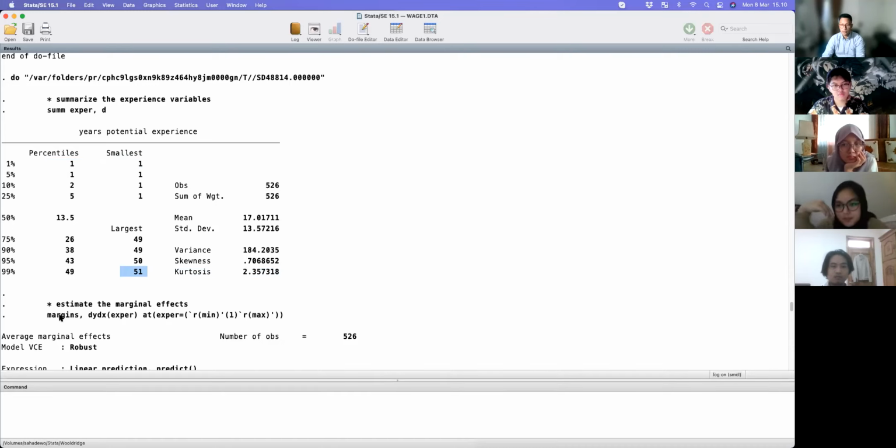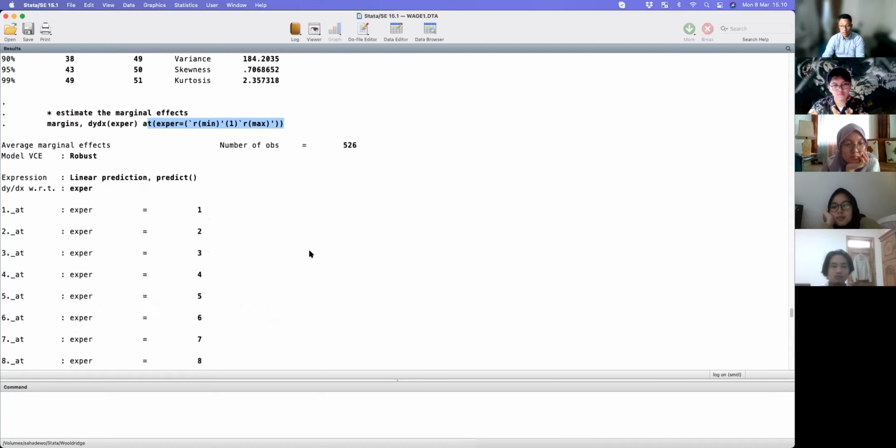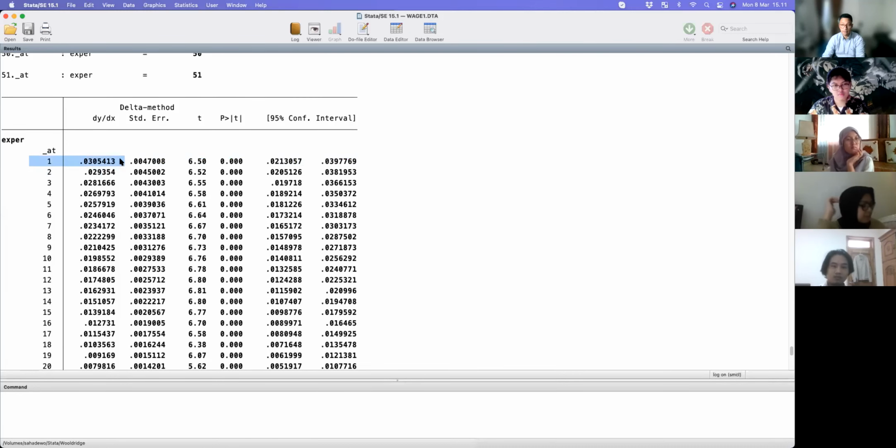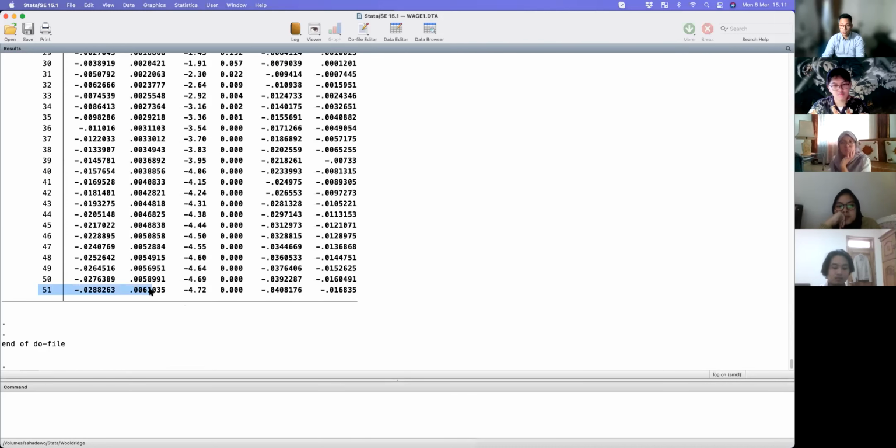So I'm going to estimate the marginal effect of experience when someone has been working for a year, up to individuals who've been working for 51 years.